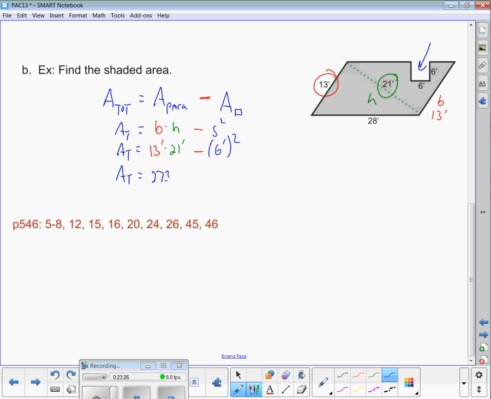Hopefully you think 273 feet squared. 6 feet times 6 feet, 36 feet squared. You can finish off with your calculator. 273 minus 36, grand total 237 square feet.